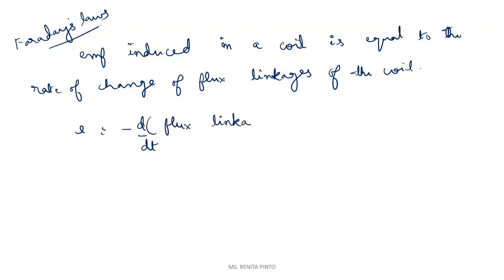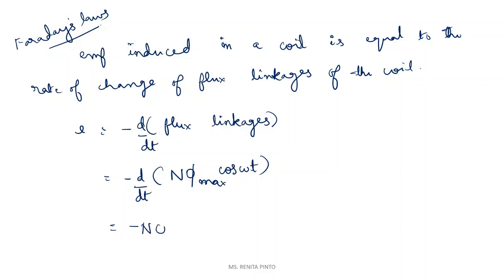The flux linkages we have already derived previously. So it is nothing but minus d by dt of n into phi max into cos omega t. Here n into phi max is a constant, so minus n into phi max into the derivative of cos omega t with respect to t. Now what is the derivative of cos omega t with respect to t?